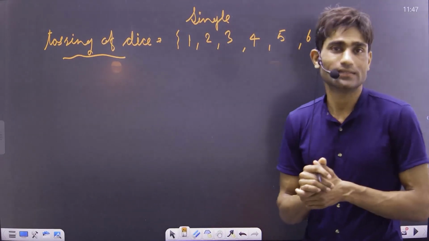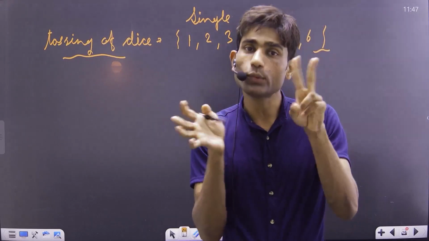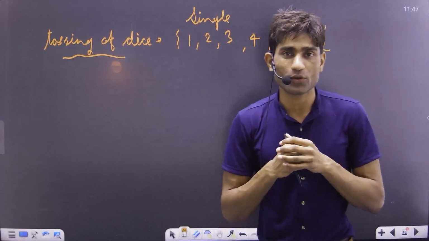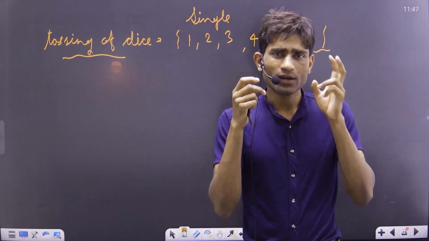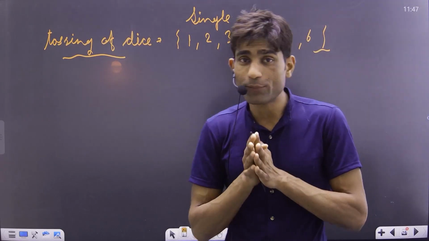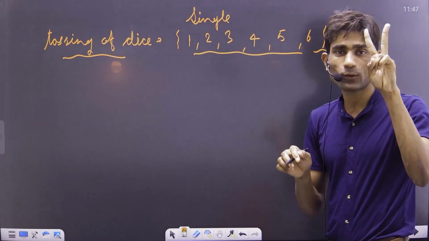When we take 2 dice together, we get the outcomes in the form of ordered pairs. We have 6 chances for a single dice.